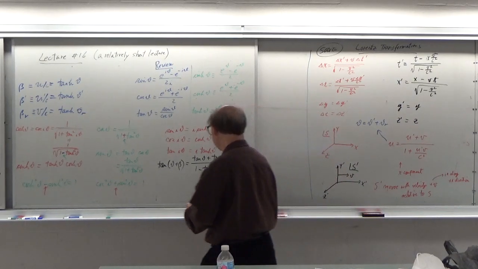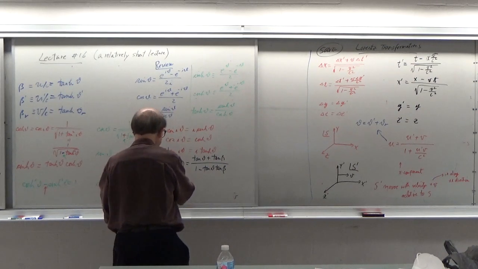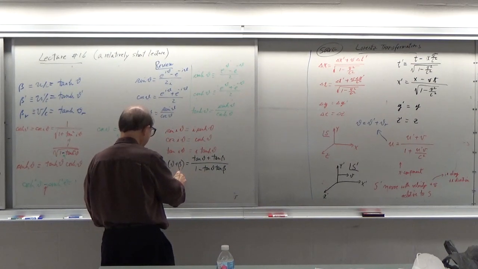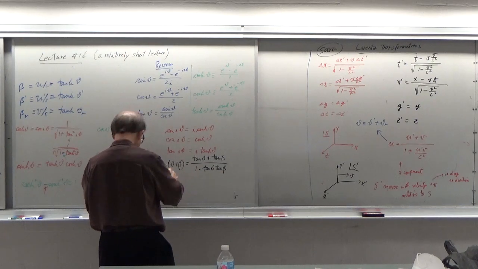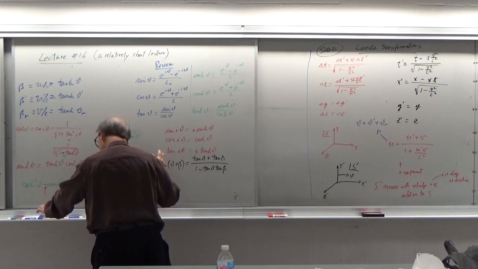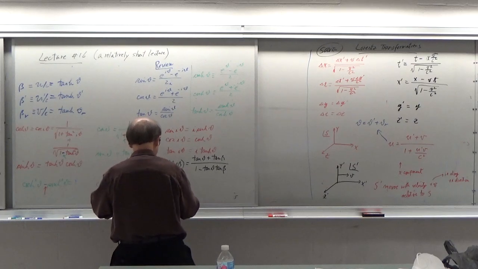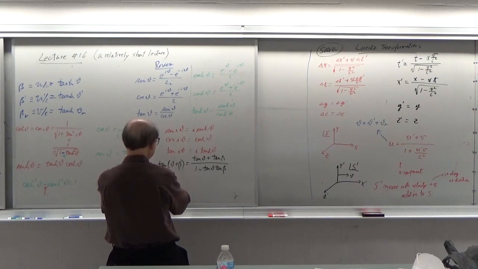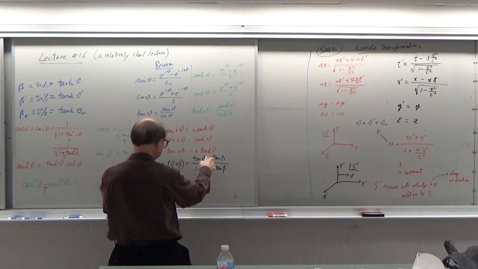And now I consider, I theta goes to I theta, beta goes to I beta, then on the left hand side, there's an I, but that will cancel the I on the right hand side.